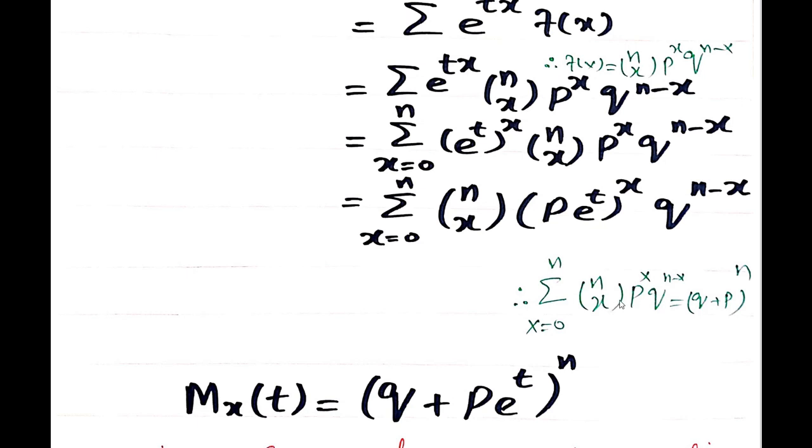We are familiar with this expression. This is mostly used in binomial distribution, in the previous proofs also that we solved in my channel Statisticians Club. So random variable x ranges from 0 to n, nCx p^x q^(n-x) equals (q+p)^n.